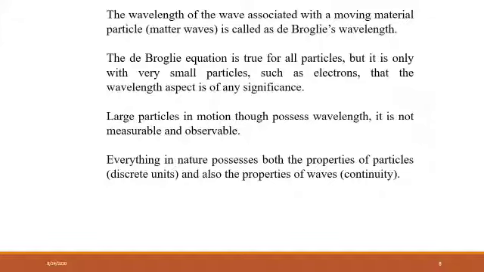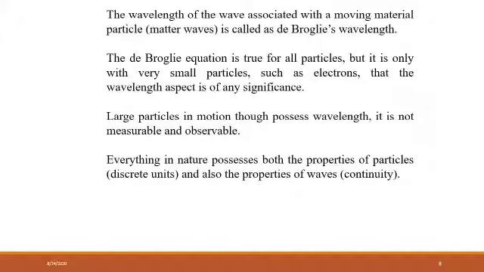The de Broglie equation is true for all particles, but it is only with very small particles such as electrons that the wavelength aspect is of any significance. If we consider large particles in motion, the wavelength is not measurable or observable. So this de Broglie equation matters for small particles such as electrons.